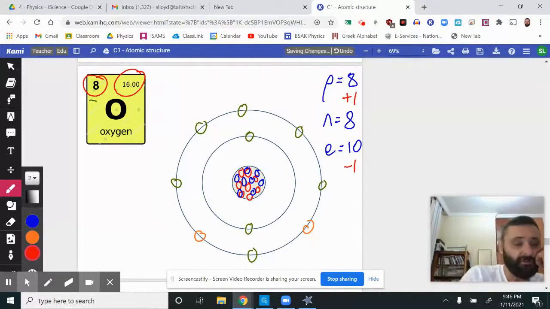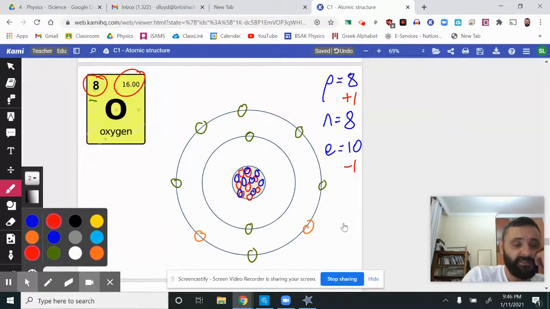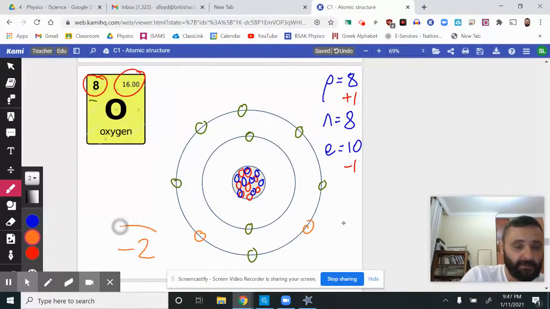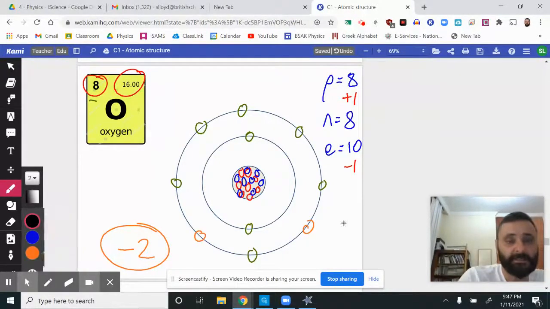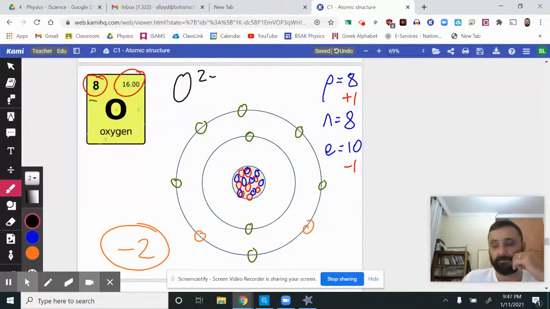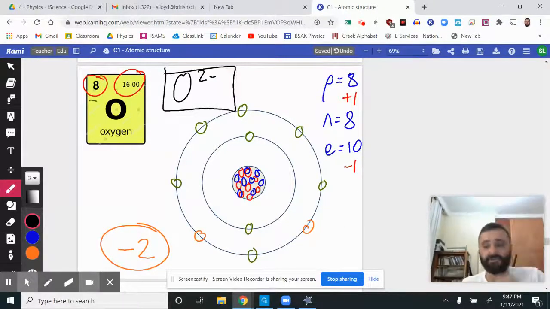So the overall charge in this ion, we've got plus 8 minus 10 is minus 2. So an oxygen ion is O 2 minus. Okay, so that is an oxygen ion. It's negative.